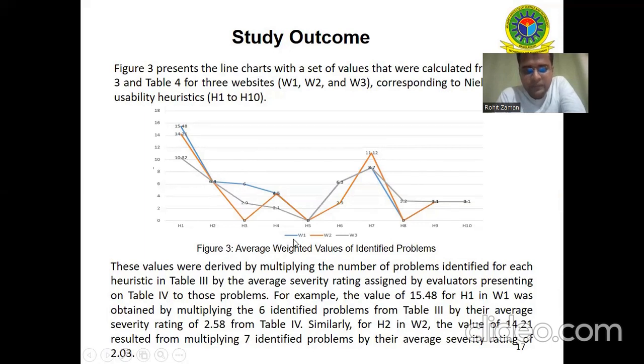The blue color is marked for website 1, this is for website 2, and this is for website 3. So this line chart shows the total picture of the problems from the 3 websites.